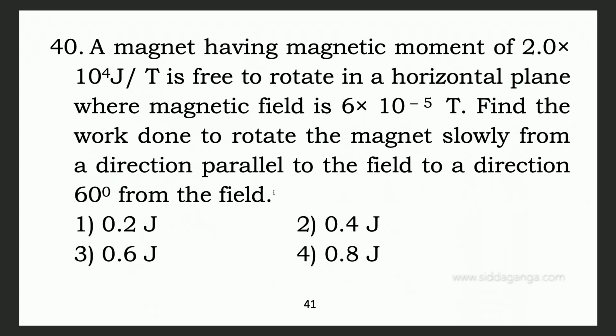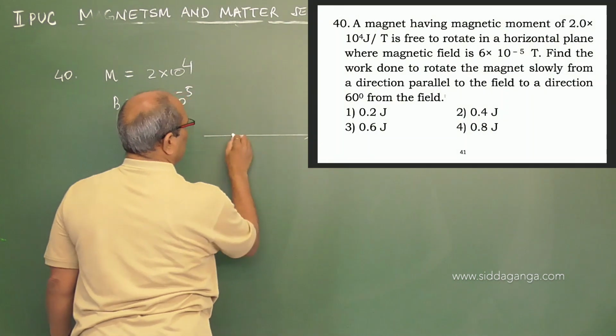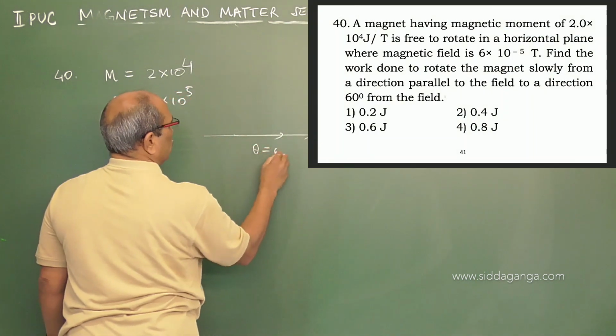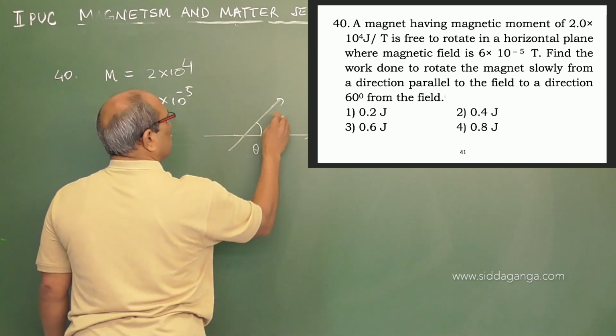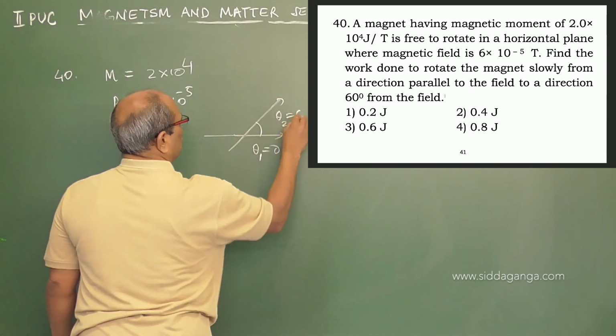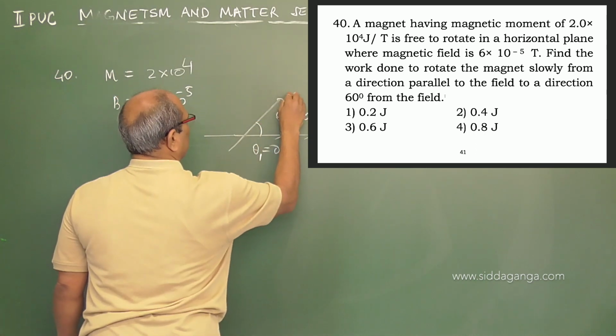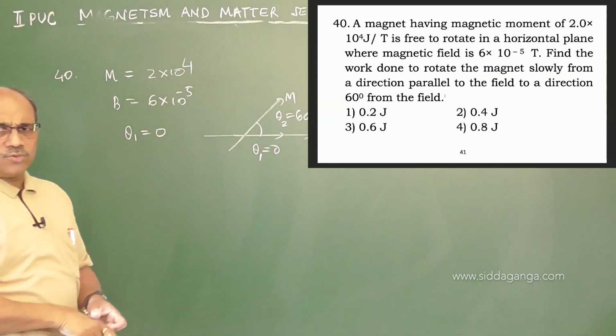Find the work done to rotate the magnet slowly from the direction parallel to the field to a direction 60 degrees to the field. Theta 1 is 0 and theta 2 is 60 degrees.